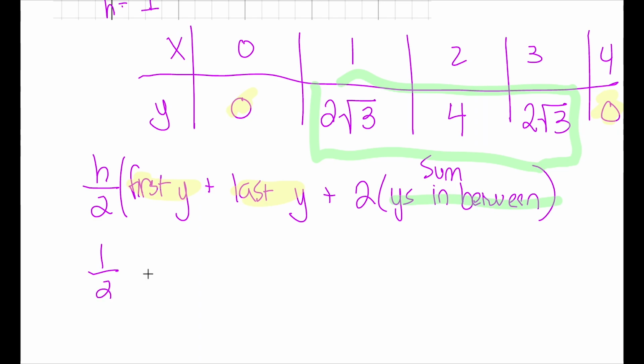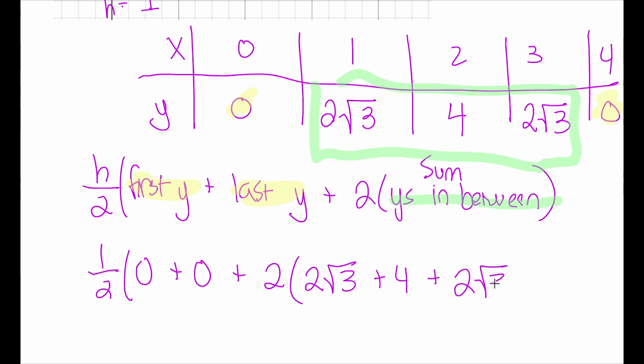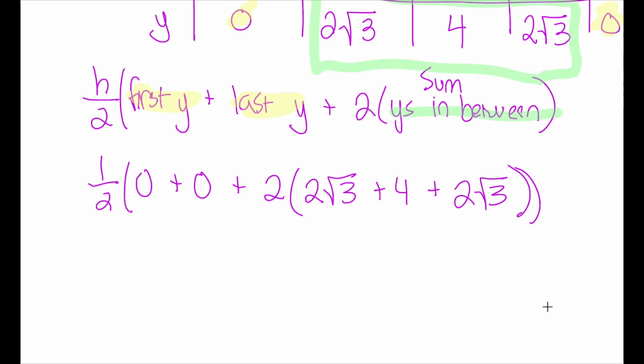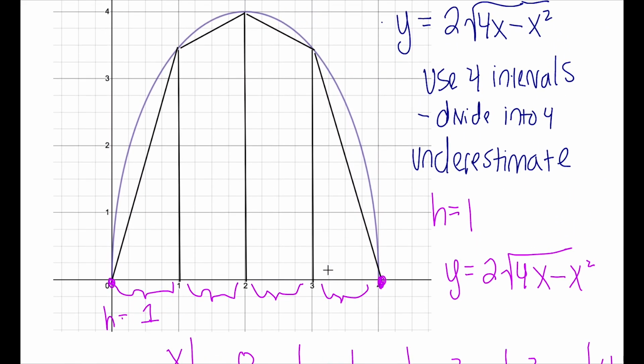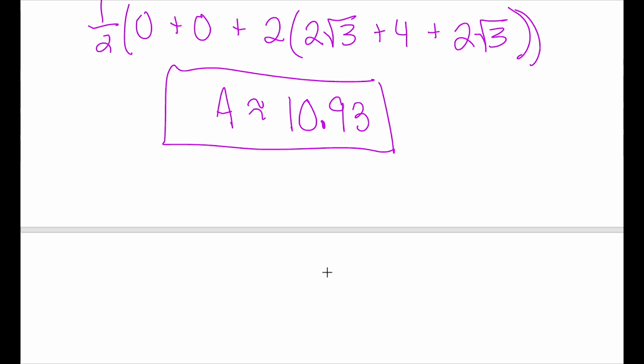So 1 over 2 times 0 plus 0 plus 2 times 2 root 3 plus 4 plus 2 root 3. So remember to add them together and then multiply by 2. And when you plug all of this into your calculator, you should get approximately 10.93 to 2 decimal places. And the actual area under the curve is going to be a little bit more than that, since this was an underestimate.